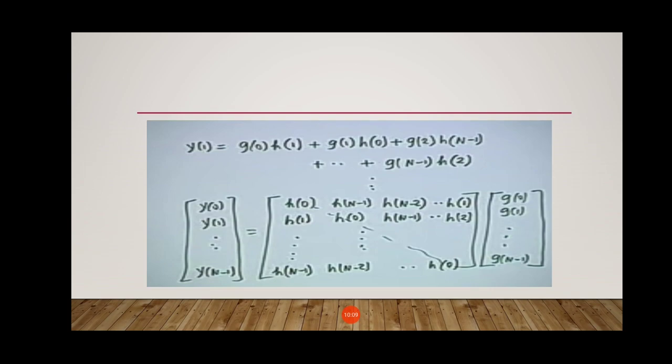So if not y, any other term can define the second signal. If it is h of n, usually we consider it as an impulse response. If it is not h of n, it can be any signal. And if we can shift the other signal in a circulant manner, and we can design this circulant matrix, we can easily find the circular convolution.